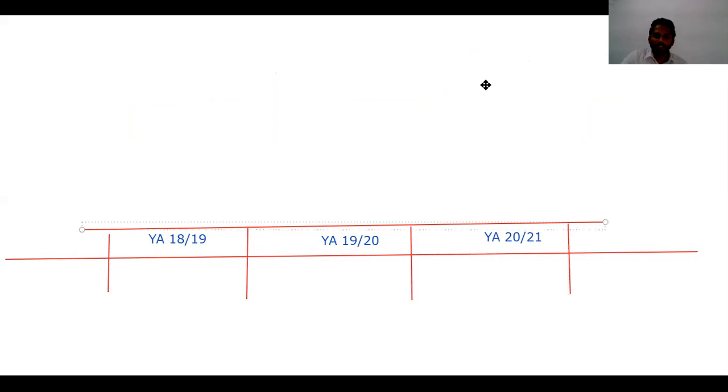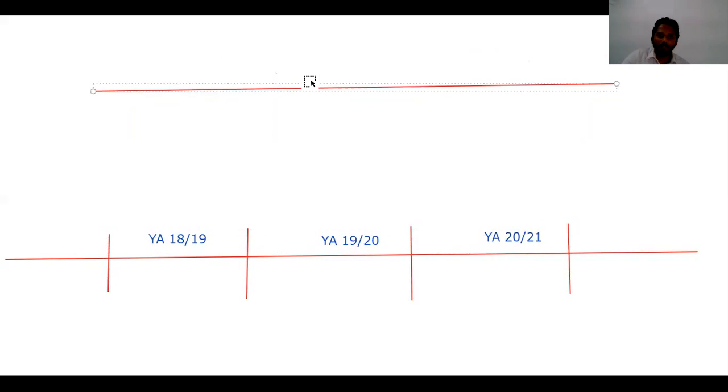I will give one example of how to determine residency. Let's say you are in the year of assessment 19.